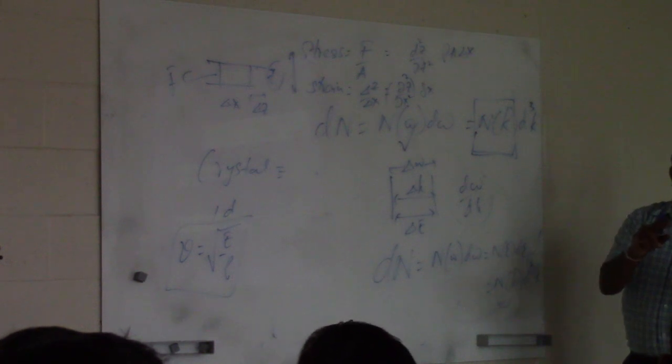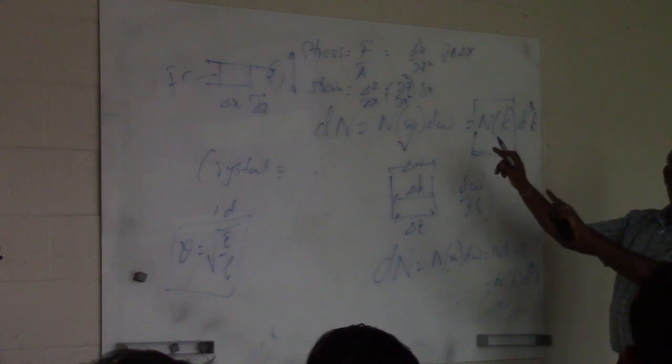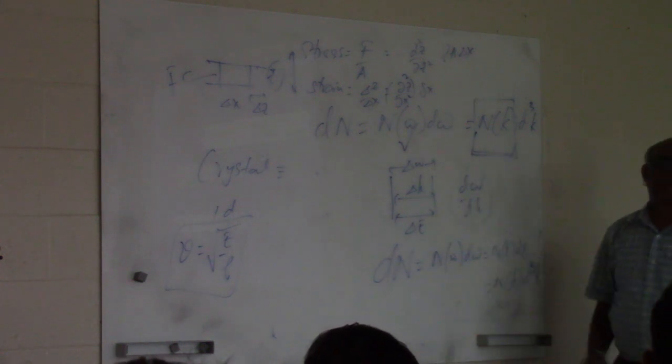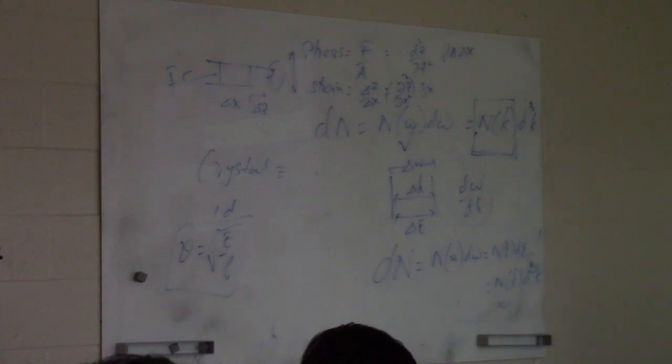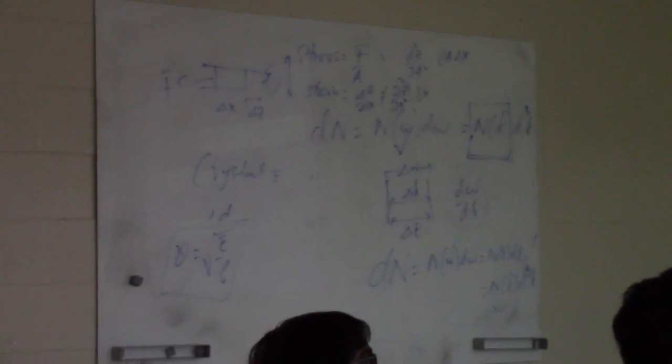In two dimensions you have perimeter times dk. Here d cubed k means volume. In three dimensions the area is 4 pi k squared, so it becomes 4 pi k squared times dk.